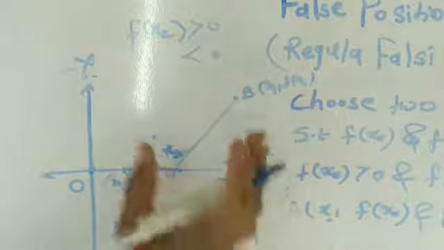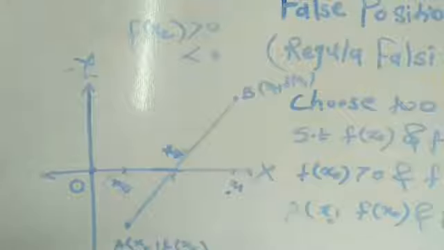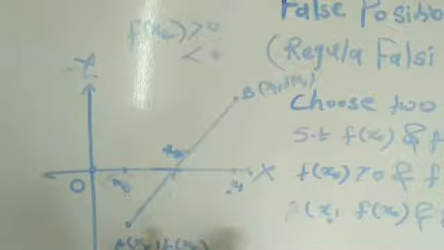We repeat this process till the root is obtained to the desired accuracy. This is the regula falsi method.